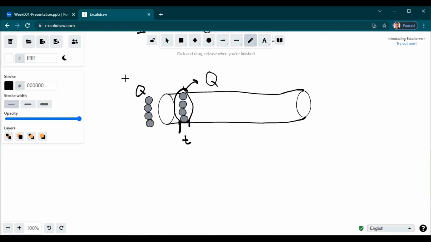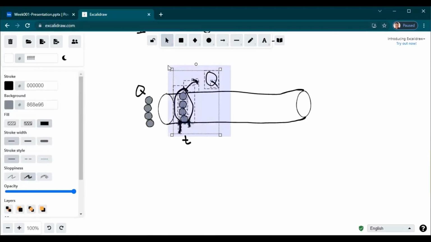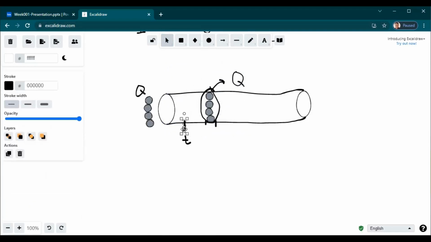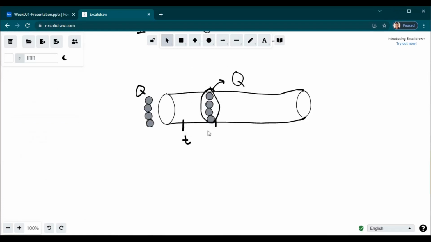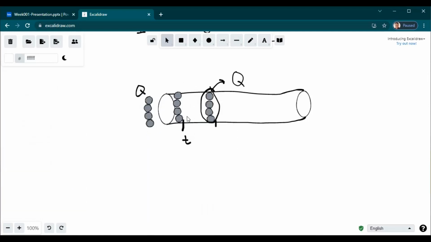So the time it takes for the charges to cross from point A to point B is t.